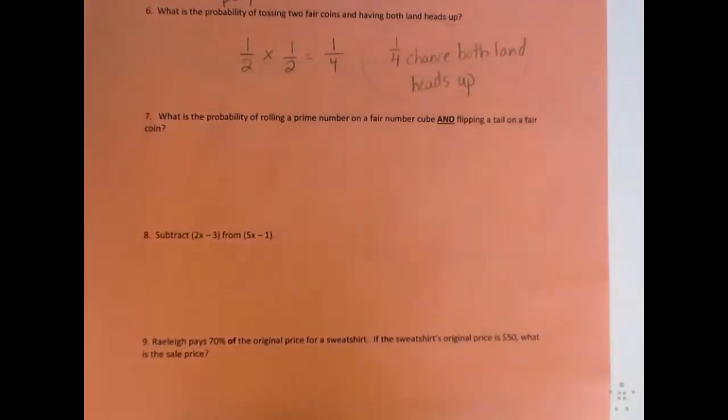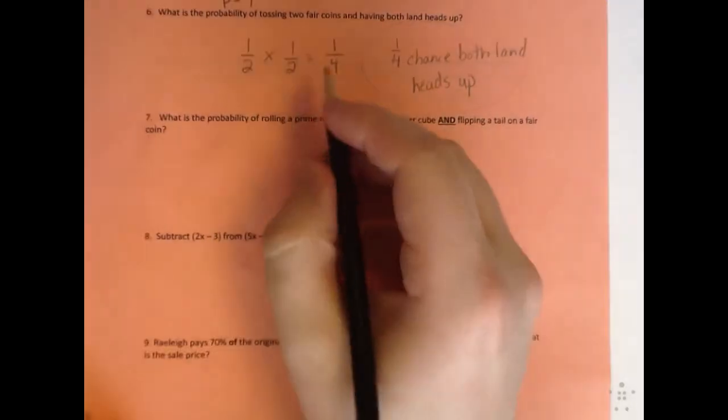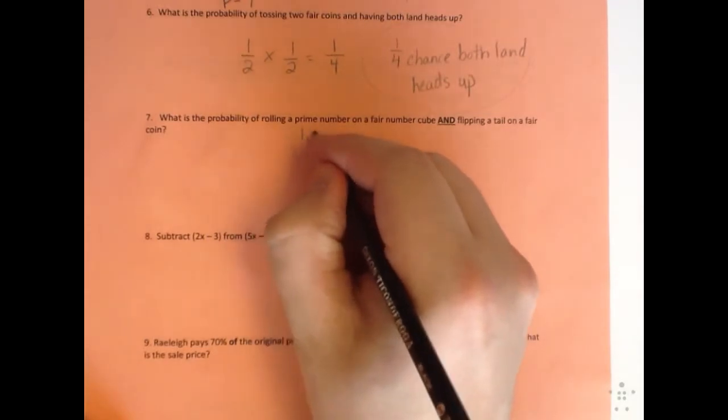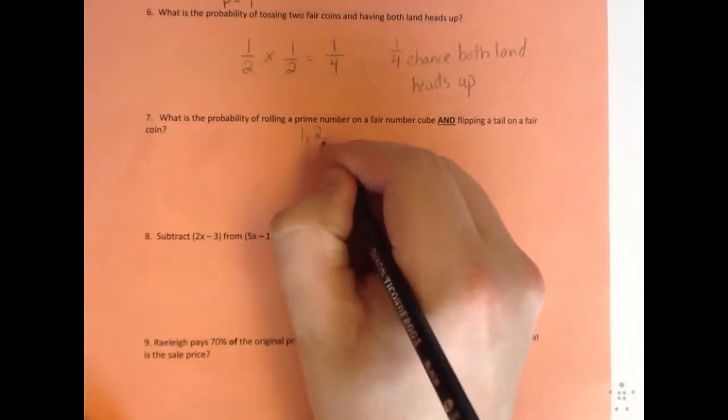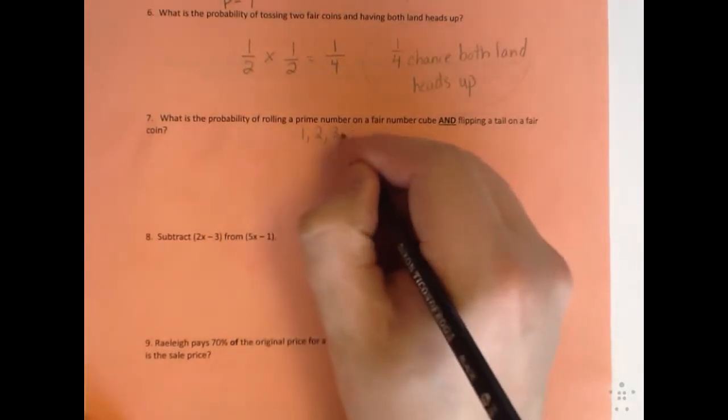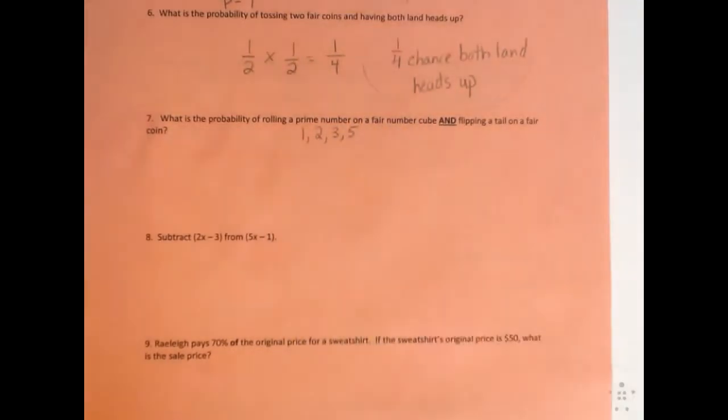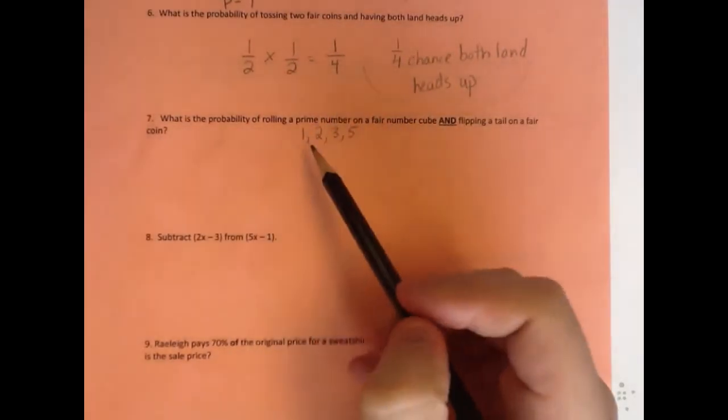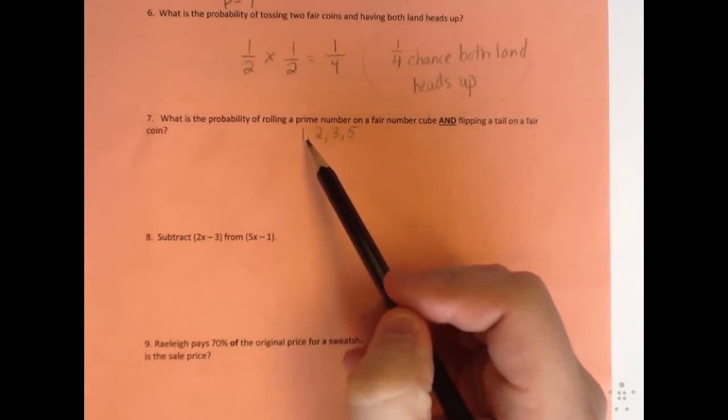Prime numbers are numbers that can only be divided by 1 and itself. So our prime numbers are 1, 2, 3, 5. The only numbers divisible by 1 are 1 and itself, I think.